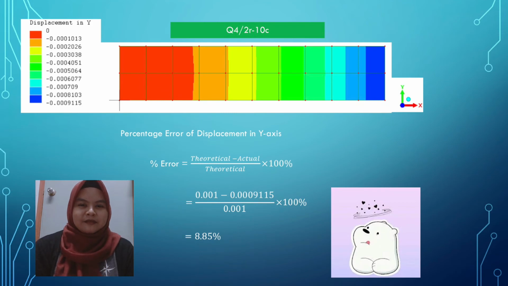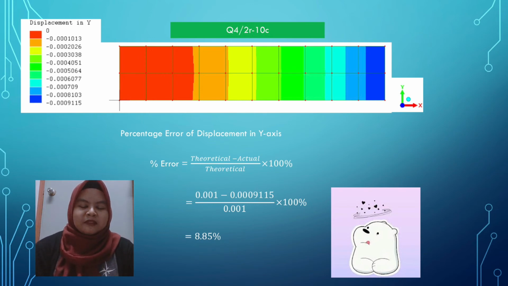Next, the slide shows the analysis of the beam using the FEA software, for example, the analysis on the Q4 element model. From this analysis, the percentage error was calculated to determine how much error occurs for each element model, and all calculations were done using the same formula and the same theoretical values calculated before.